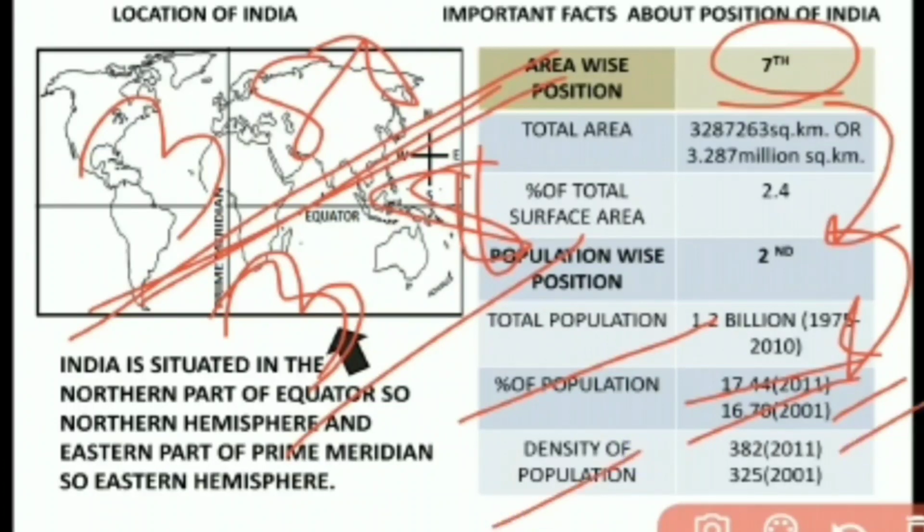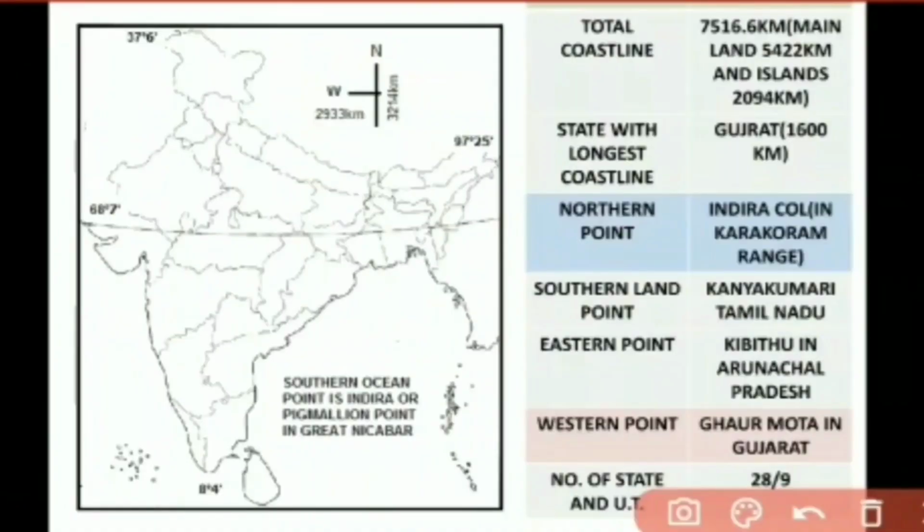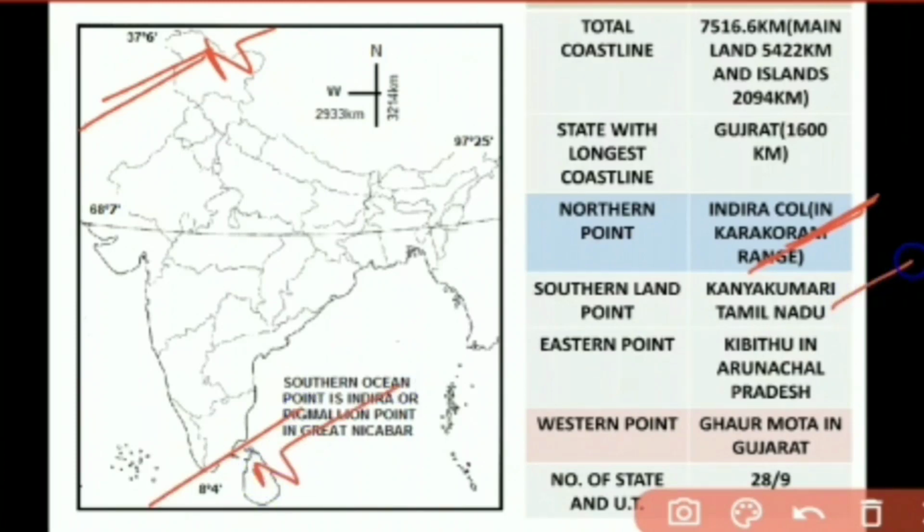On the basis of 2011 data, the density of population is 382, and on the basis of 2001, that is 325. In this map, we have 37 degree 6 minute north as the northern part, that is Indira Col in Karakoram range. So the northernmost range of India is Karakoram range. In the south, we have 8 degree 4 minute north, so Kanyakumari, Tamil Nadu.